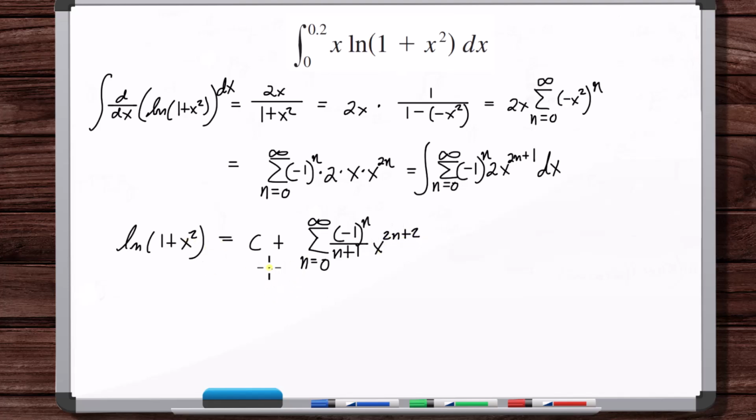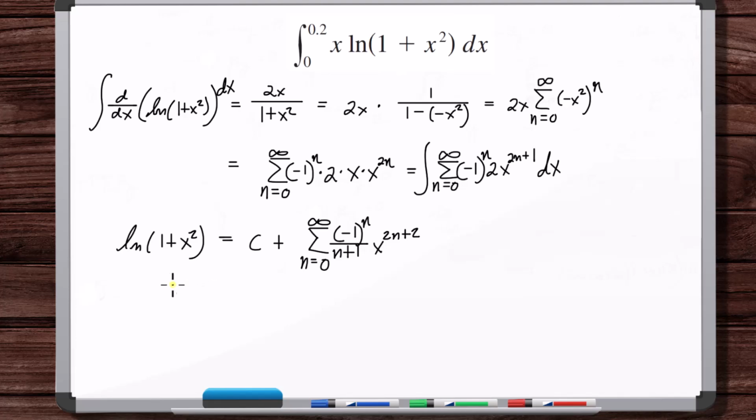Okay, now let's solve for this c, and I don't think I made this clear enough. I think it was a couple of videos ago where we found a bunch of power series representations for functions via integration.